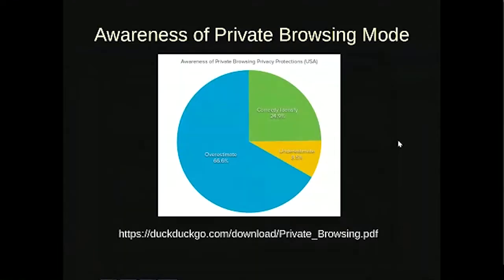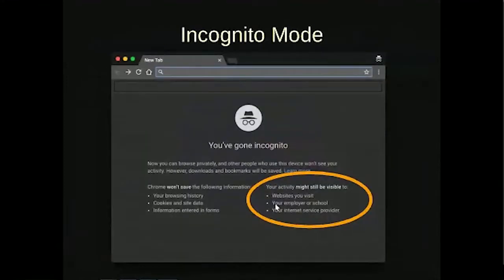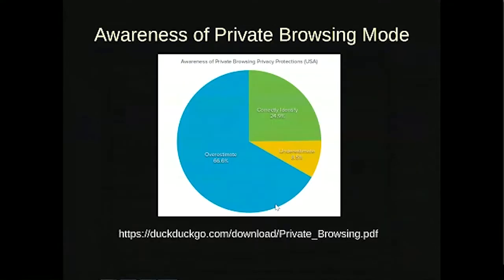What's interesting is that in this DuckDuckGo study, they found that two-thirds of people overestimate the protections that they get from private browsing mode. So even though there are these warnings here, apparently they're not enough to protect people from assuming that private browsing mode is stronger than it really is.